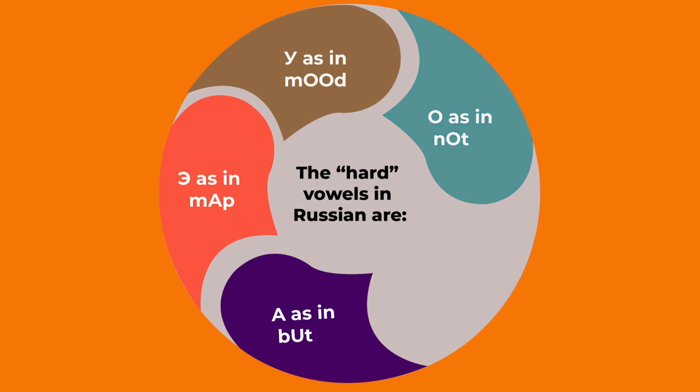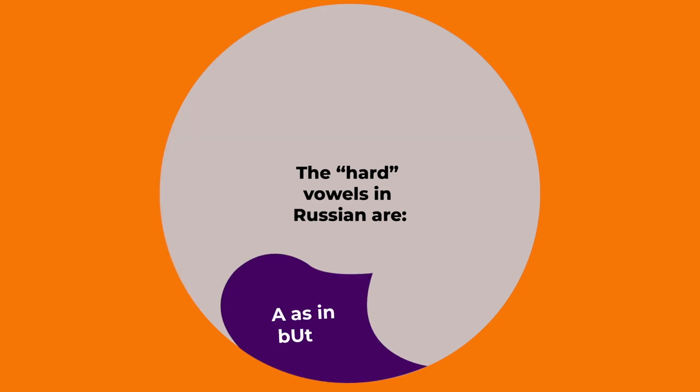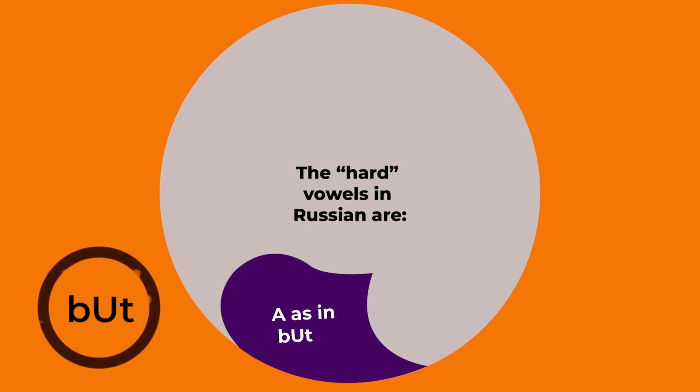For example, for the letter A, we have used the English word "but". In this word, we have given special emphasis to the letter U, but in the word the sound comes as A. But.